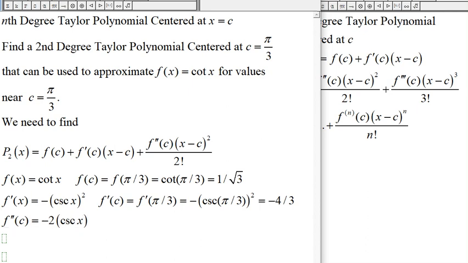And then by the chain rule, we have to find the derivative of the base cosecant, and the derivative of cosecant is negative cosecant times cotangent.